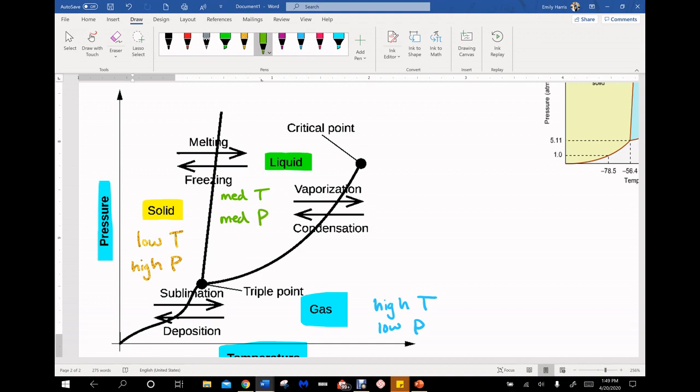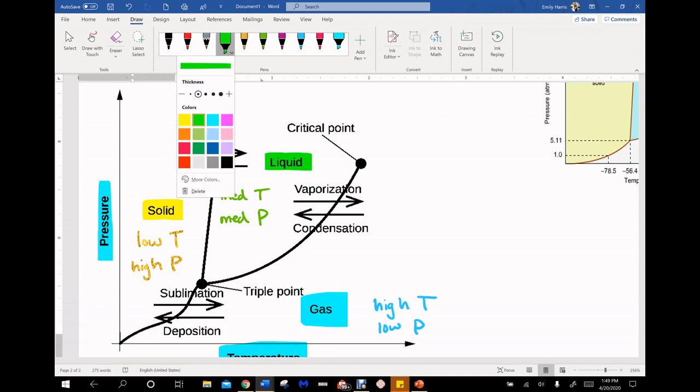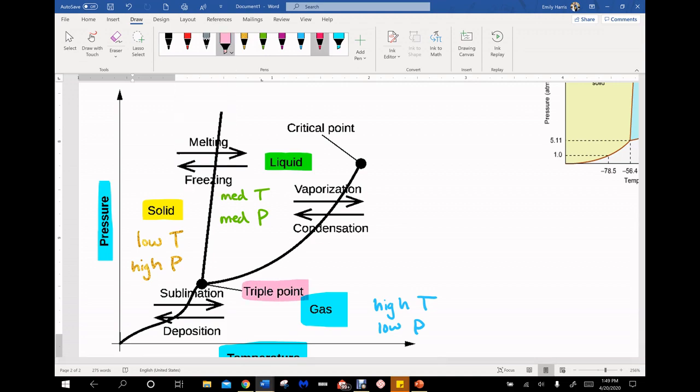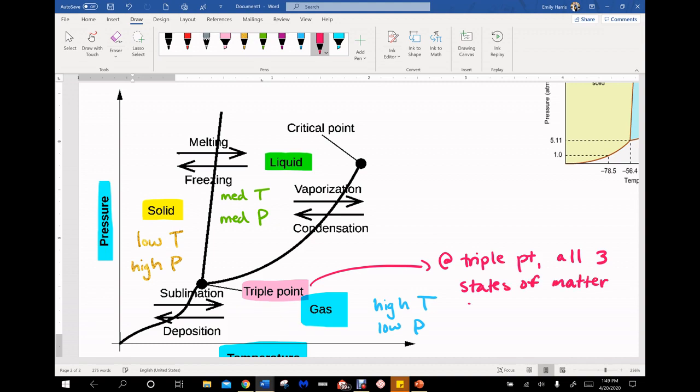Now, a very special point on the graph that we're also going to take the time to note is what's called the triple point. And so we're going to add in this note that at the triple point, all three states of matter coexist in equilibrium.